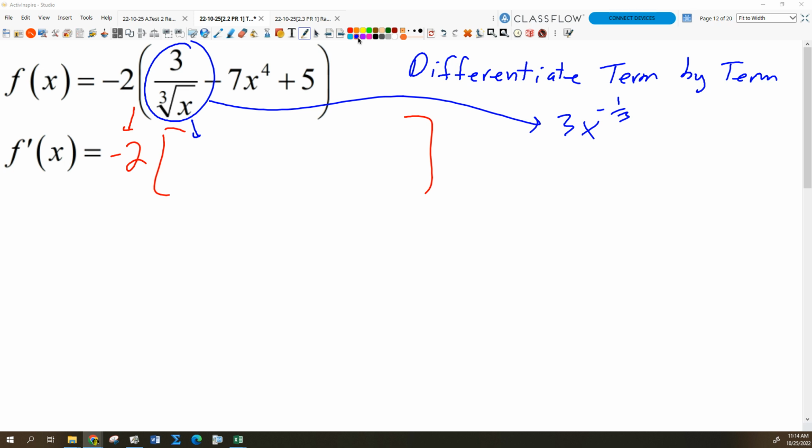Okay, negative x to the -4/3. Give me thumbs on that. Does that make sense? Following the generalized power rule, we're just going to bring the exponent out in front, multiply by the coefficient, and then just subtract 1 from the exponent.